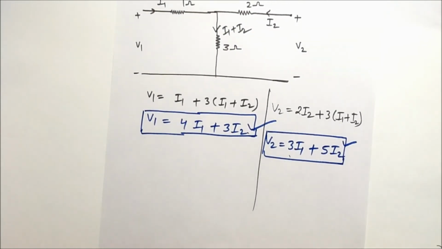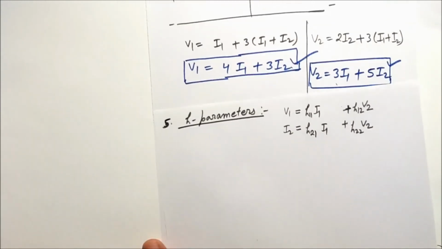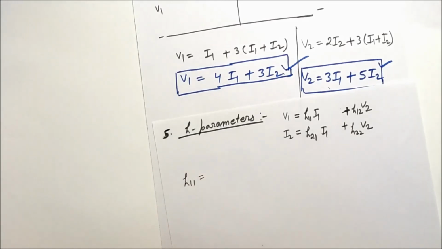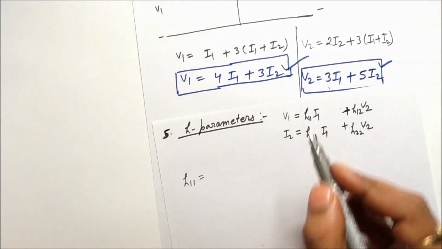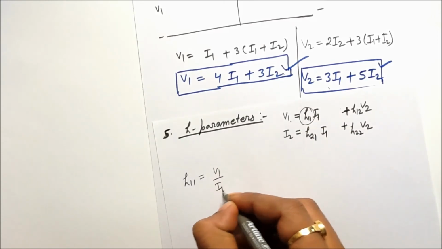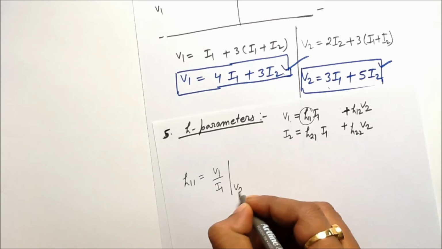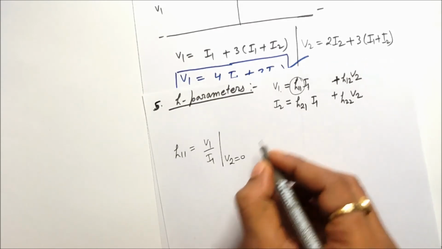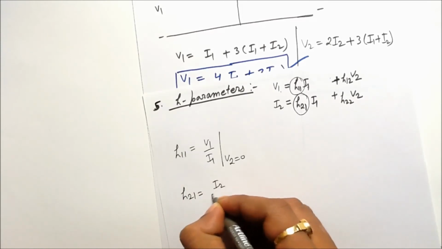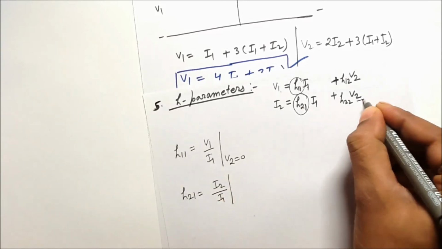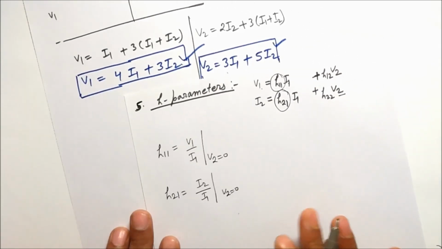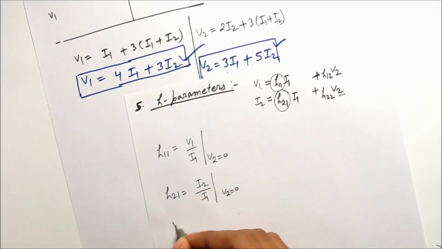Let us calculate H parameters. H11 can be defined in this way: H11 equals V1 upon I1 when V2 equals 0, and H21 equals I2 upon I1 when V2 equals 0. So put V2 equals 0 in these two equations.